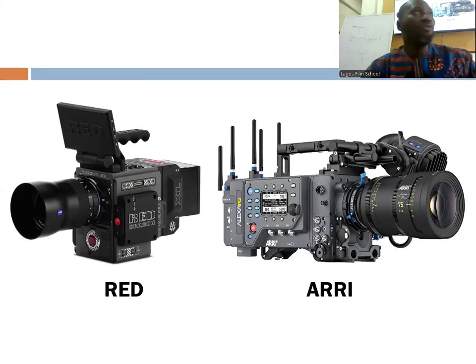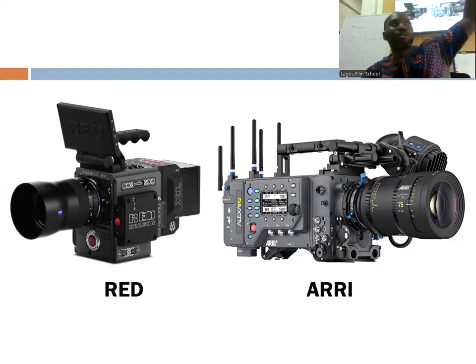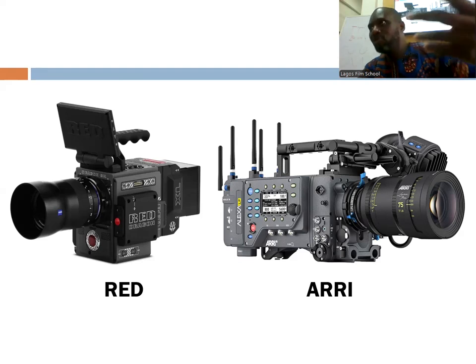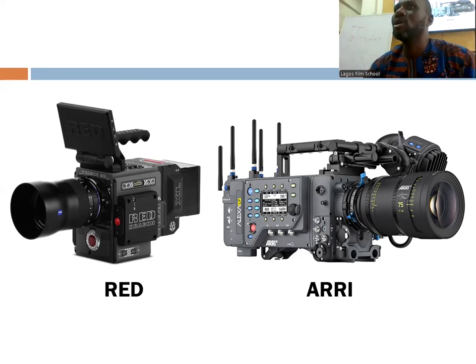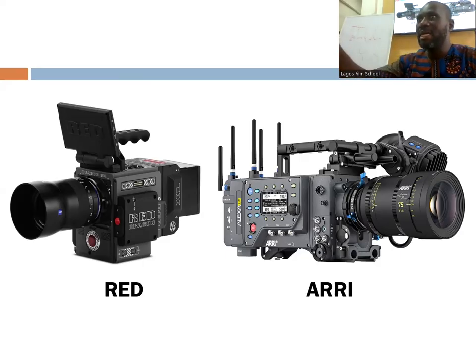You don't even need to go to Arena. On your street, the next phone repair guy would have accessories for Tecno. So consider that when adopting a technology to shoot your film with, whether cameras, editing, accessories, etc. Moving on.